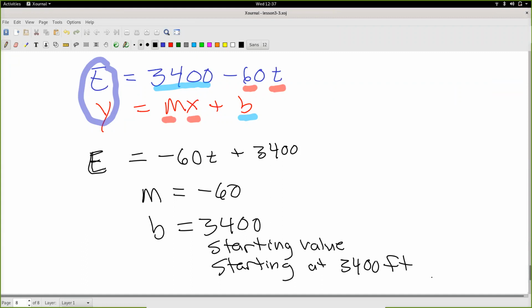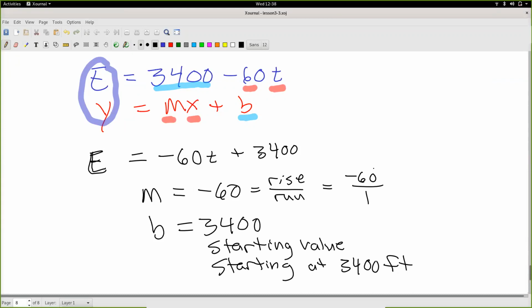Okay. So the y-intercept's usually pretty straightforward to interpret. The slope's a little trickier. For the slope, I'm trying to think about rise over run, so I have to write this as a fraction. I'm going to write it as negative 60 over 1. So the question is, what does the 60 mean and what does the 1 mean?